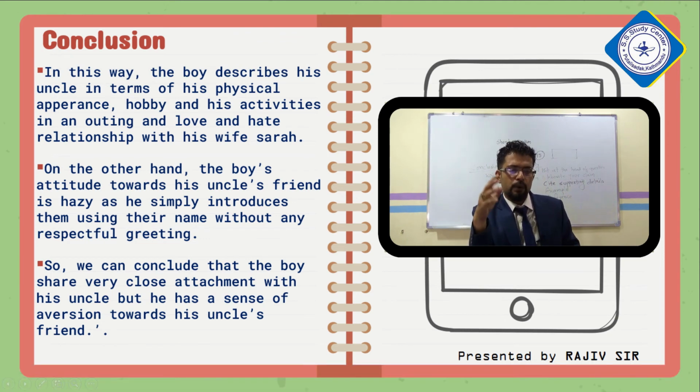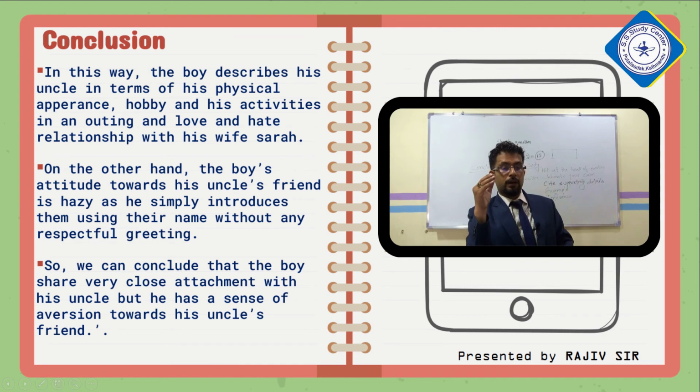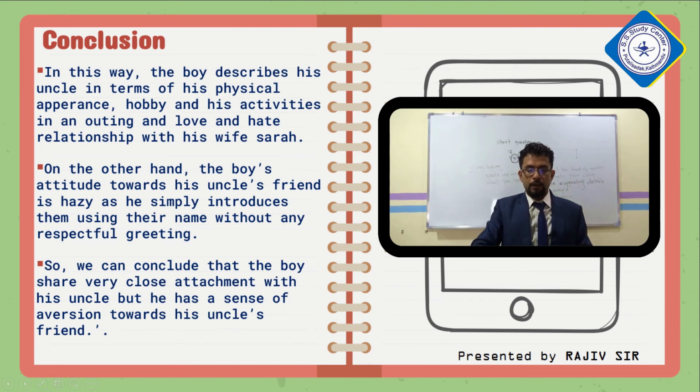On the other hand, the boy's attitude towards his uncle's friend is hazy, confusing, as he simply introduces them using their name. Okay, Mr. Wilgie something, using their name without any respectful greeting. He doesn't say uncle's friend, uncle, no. He happens to say Mr. Wilgie.